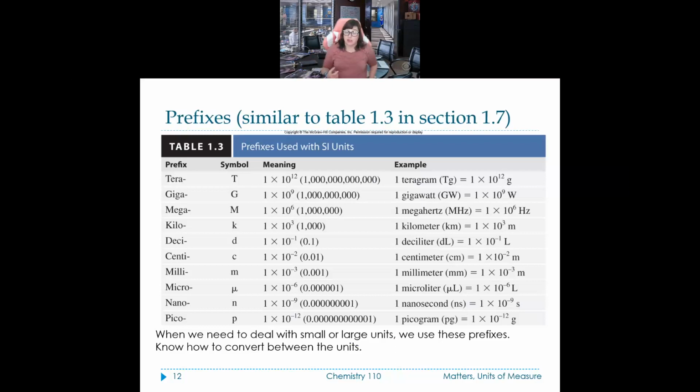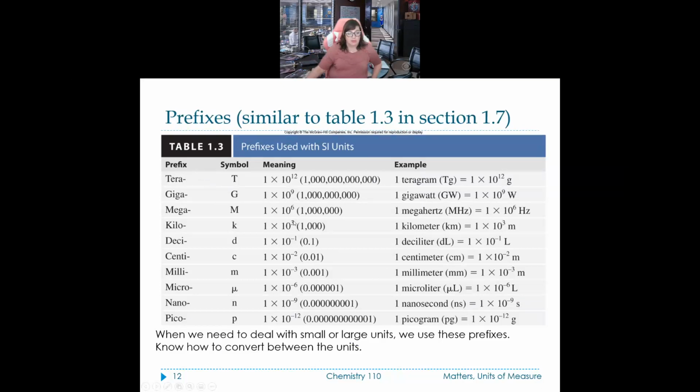We talk about centimeters or millimeters. What that means is that we're talking about hundreds or thousands, parts of meters. So those prefixes indicate how small or how big we're talking about.